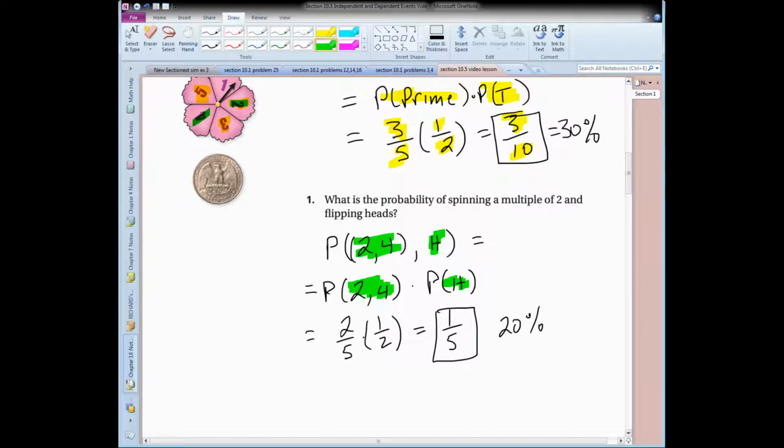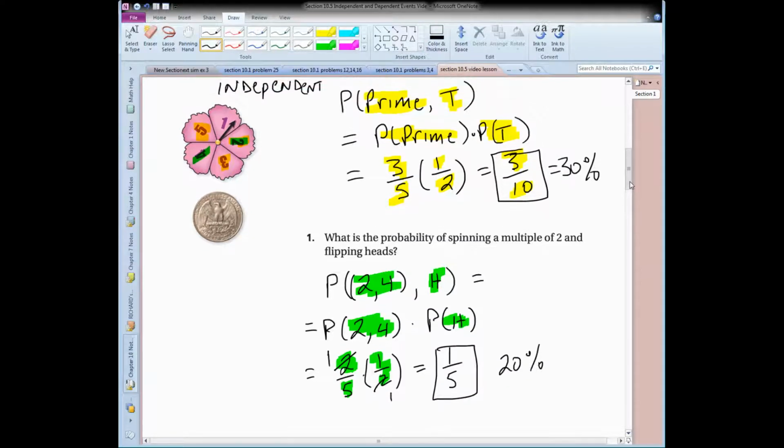Getting a 2 or a 4 on that wheel, there are 2 favorable outcomes out of the 5 possible outcomes. We already know about flipping a coin: 1 out of 2. So I multiply that together. Was there canceling I could do here? Yeah, I could cancel the 2. So I end up with 1/5, which is 20%. So this is even less likely to happen than the first one of getting a prime and flipping tails.